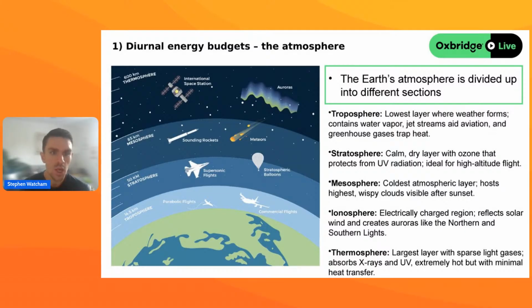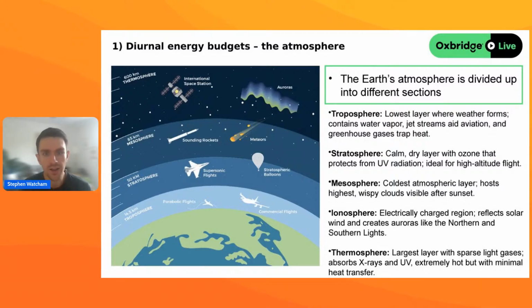Beyond there, you start moving out towards space. You've got your mesosphere. This is the coldest layer of our atmosphere. Really windy. Sometimes up here you can get those high wispy clouds you see in the sky, but usually mostly invisible to the naked eye. And that just sits above our stratosphere.